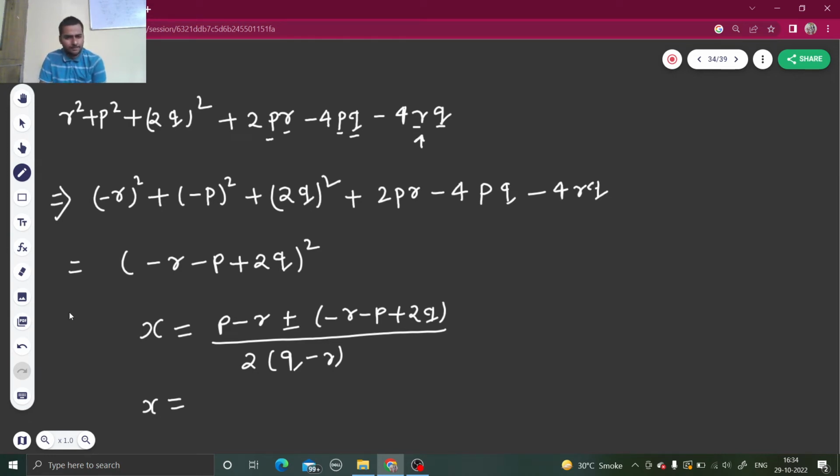If I take the plus sign, it will be p minus r plus of minus r minus p plus 2q. So p will get cancelled. Minus 2r plus 2q.